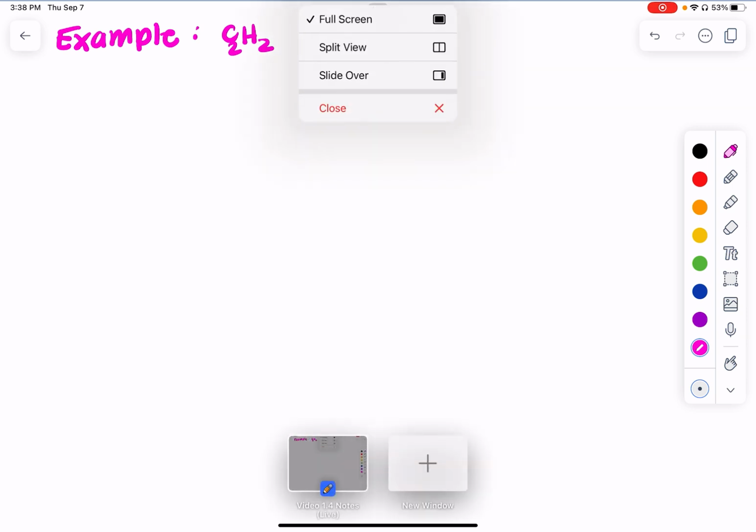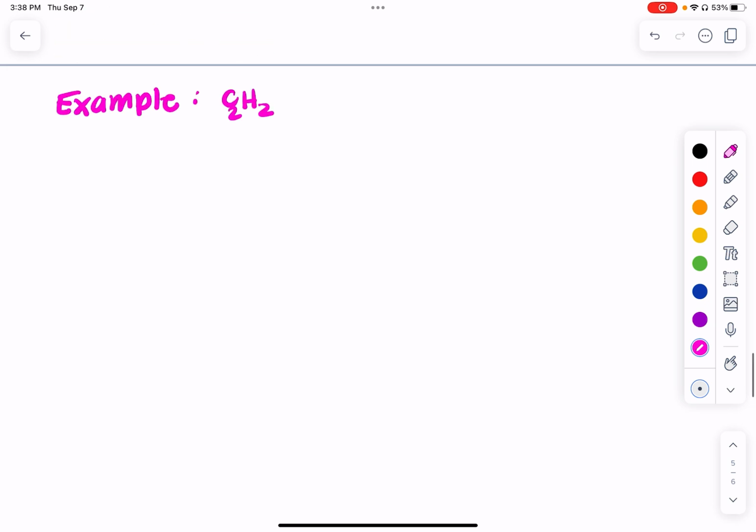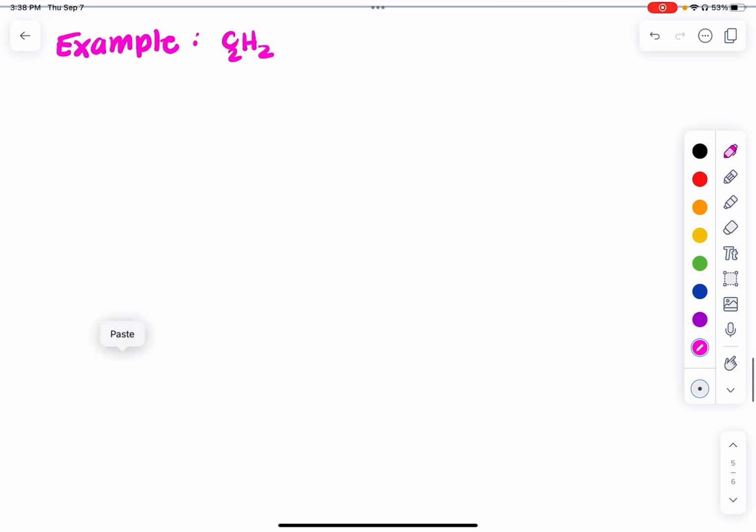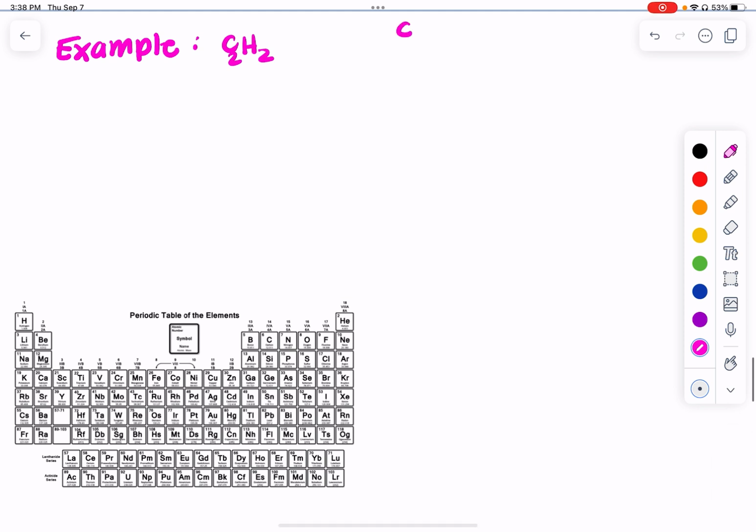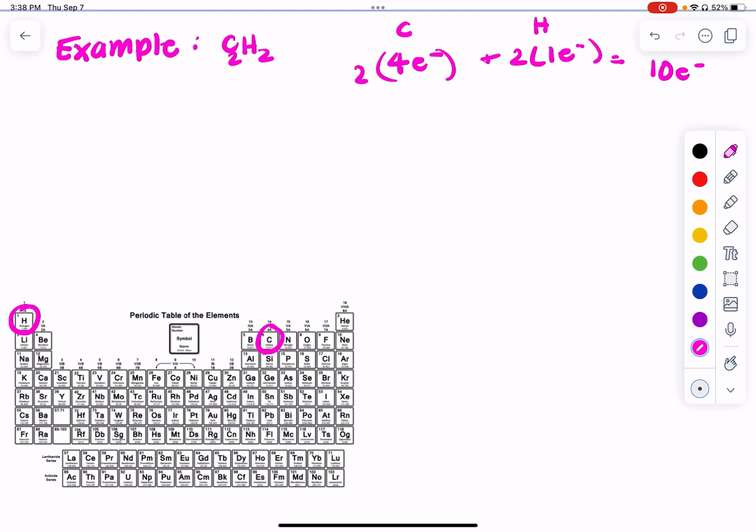Carbon has, pull up a periodic table, carbon has 4 valence electrons. We need to multiply this by 2 because there's 2 of them. And hydrogen has 1 valence electron each, and there's 2 of them. This has a total of 10 electrons.